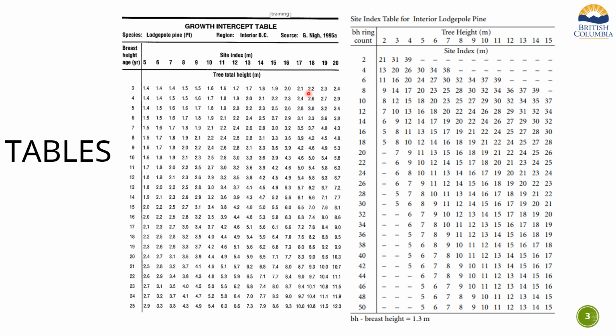They were published in 1995, and for the interior species, there were new versions of these tables in 1999. So what should you do? There's well-formatted but out-of-date tables that only exist for 3 species, or you have poorly formatted but up-to-date tables for all other species. Well, the answer is SiteTools.